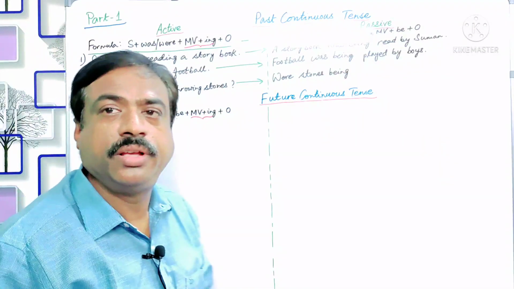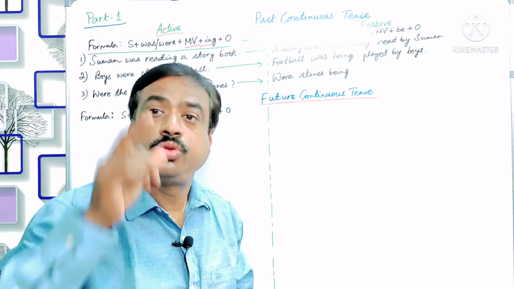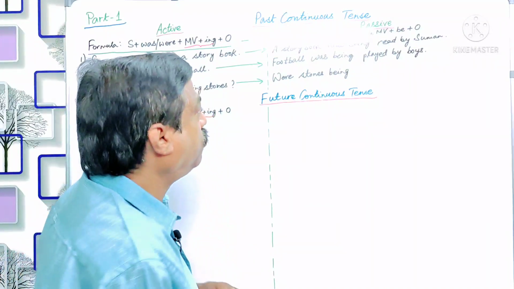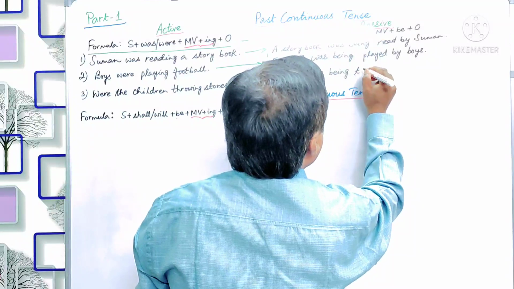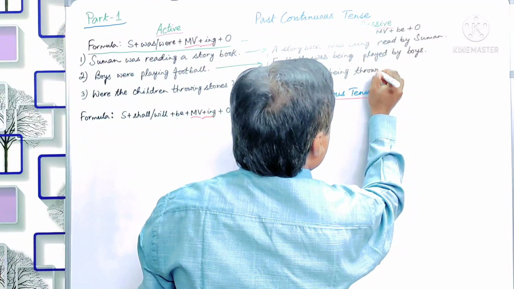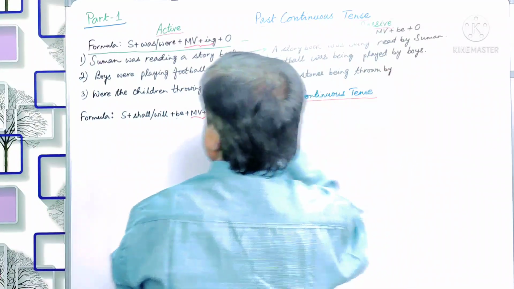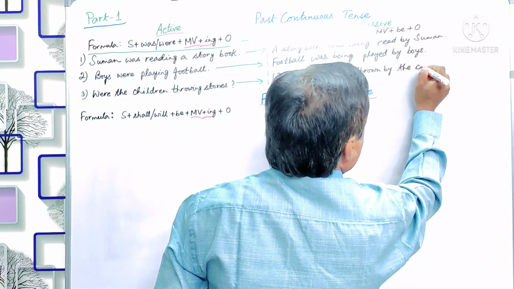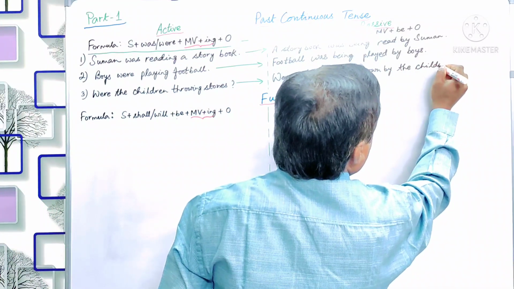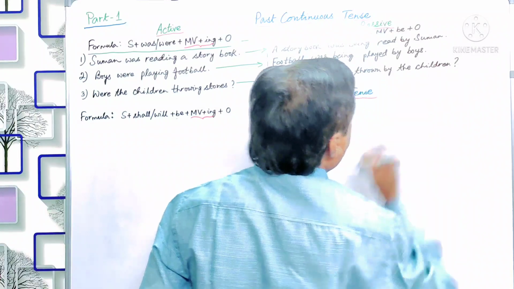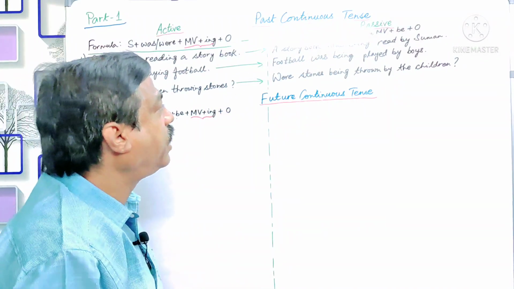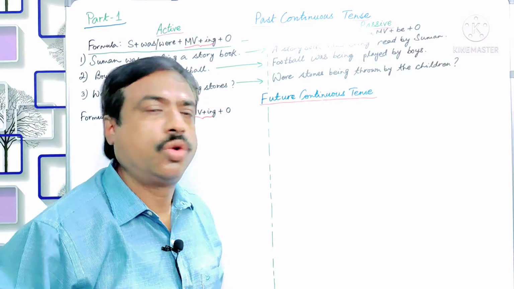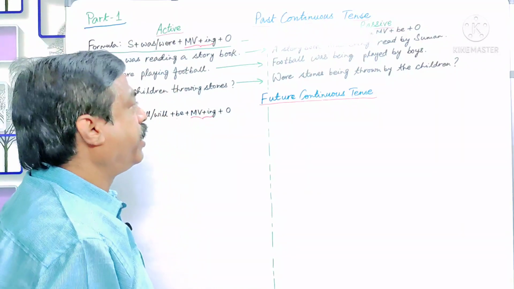Throw is the main verb here. So throw, threw, thrown. Thrown is the past participle form, so you have to use thrown. Thrown by the children. Here it is written the children, you have to write the children and the question mark. Were stones being thrown by the children?